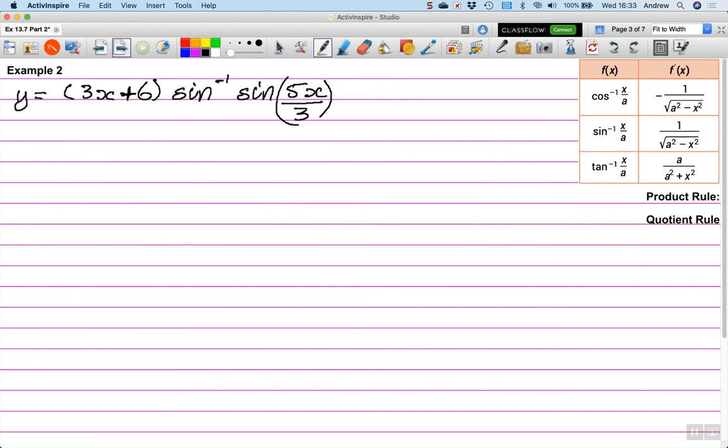Moving on, a slightly more complicated example. Once again, you can see it is a product rule because the first function is 3x plus 6 multiplied by the second function, which is the sine inverse of 5x over 3.